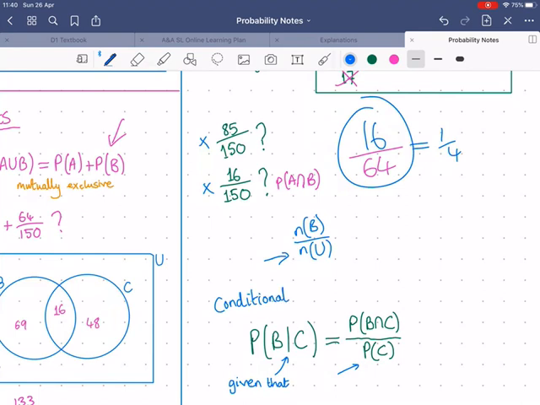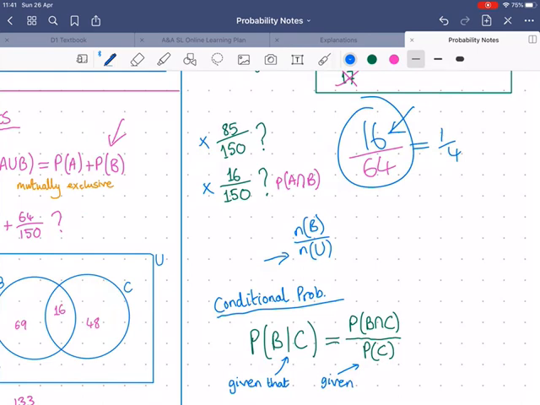Okay, so what is the probability of B given that C has occurred? Well, it's the probability of the intersection, that was our 16, over the probability of C, or over the probability of the thing we are given.